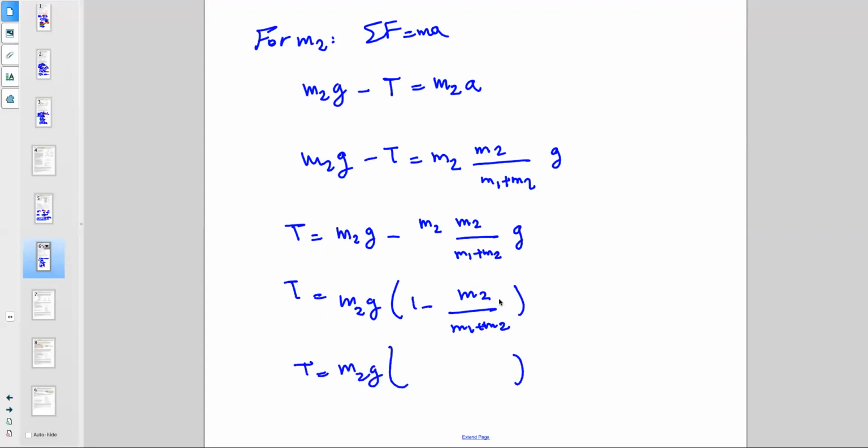If you find what's inside this parentheses, you have M1 plus M2 in the denominator, and M1 plus M2 minus M2 in the numerator. So the M2s will cancel out. And then you are left with T equals M2G, and M1 over M1 plus M2.